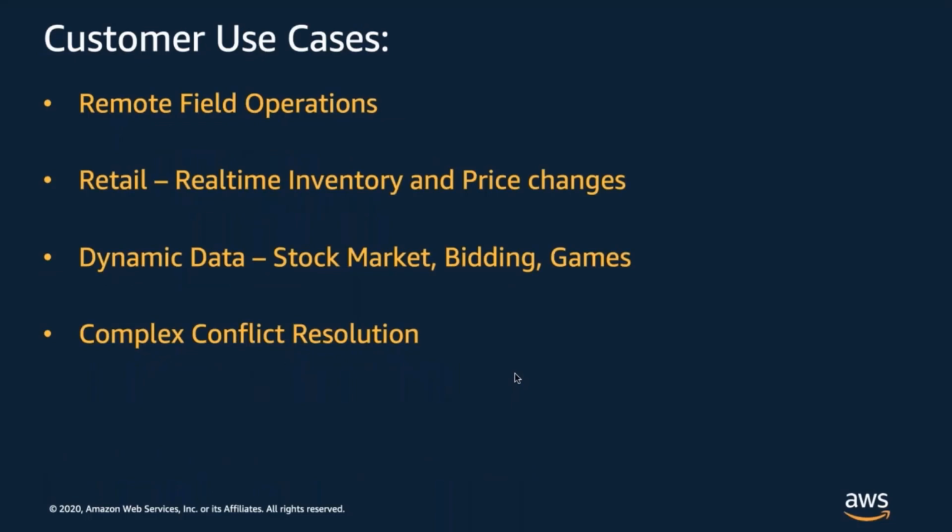So some of the use cases we saw, and one of the big requests for something like DataStore came from customers that have remote field operations. And this is why offline capability is such a big part of DataStore. We have customers that have field techs that may sync data to the cloud or their systems early in the morning, and they may be offline all day for 8 to 12 hours.